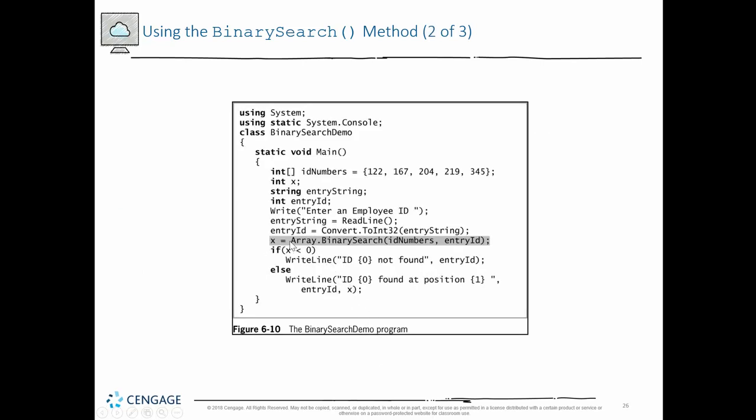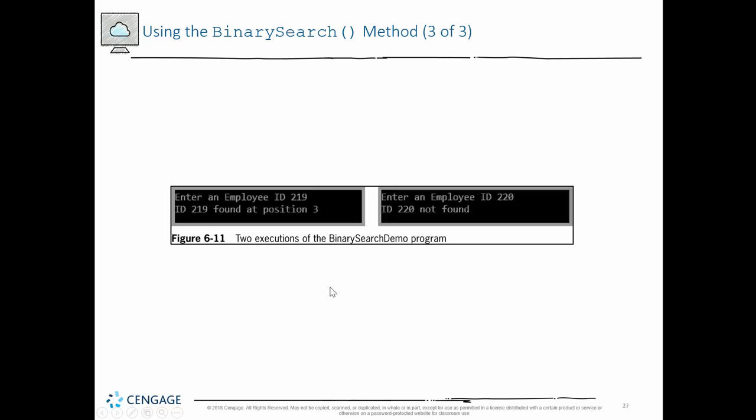But notice how you do it: x equals Array.BinarySearch, IDNumbers is the name of the array, and entryID is the value that you're looking for. And boom. If it returns a number that's less than 0, it means it wasn't found. Otherwise, you can say that it was found, and where it was found. So there's an example.